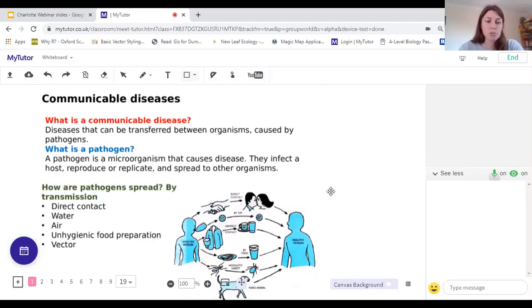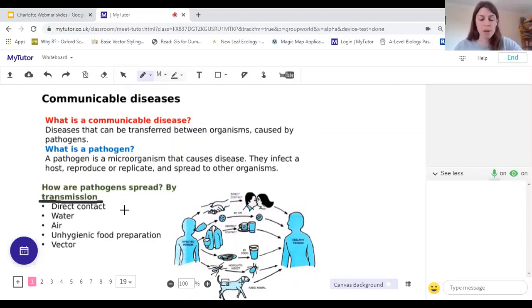How are pathogens spread? By transmission. Transmission is a key word here. That means spreading between people. Pathogens can be transmitted by direct contact, so shaking hands.